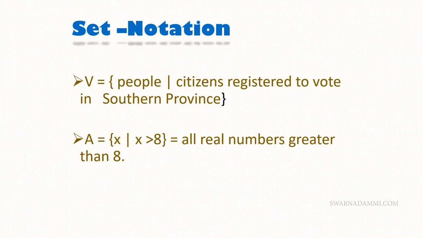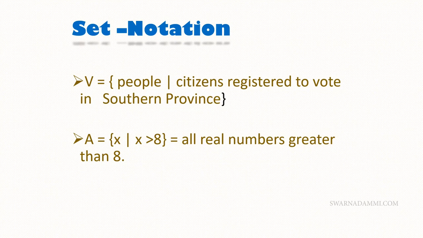In the set notation, you have given another 2 examples here. We describe people as such citizens registered to vote in Southern Province. V is a set.